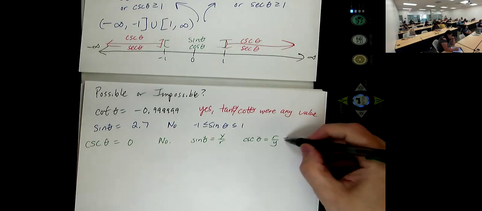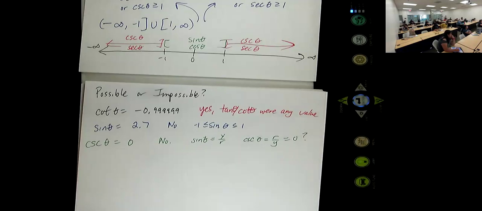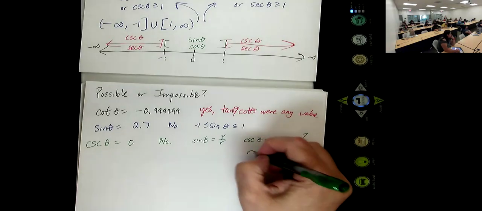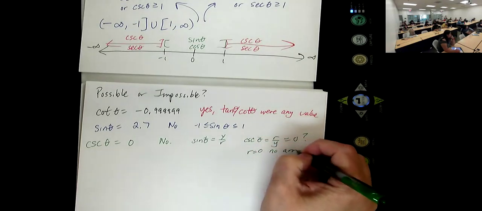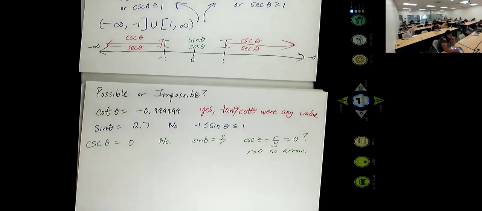Can that equal 0? Can r equal 0? No. If it is, we don't have an angle. So no. But if you look by the rules, same thing applies.